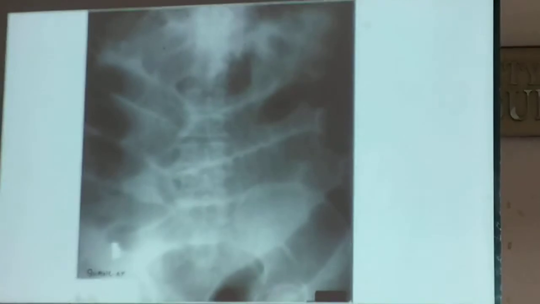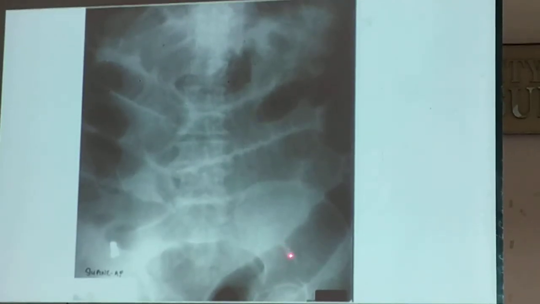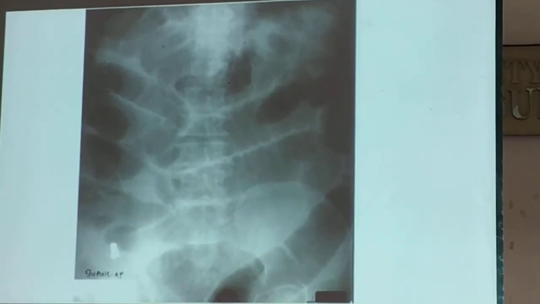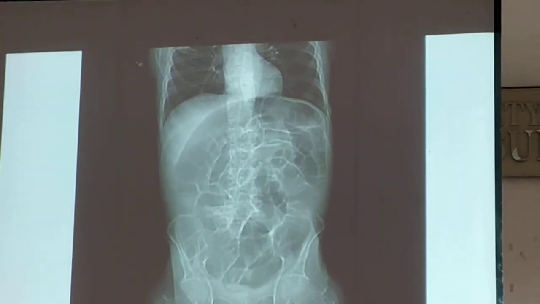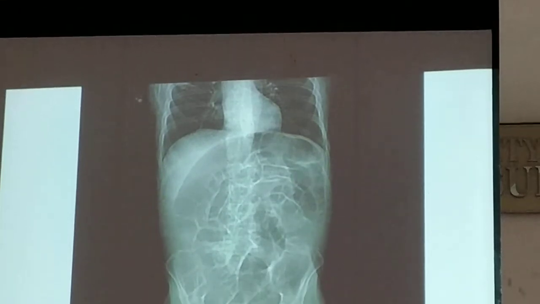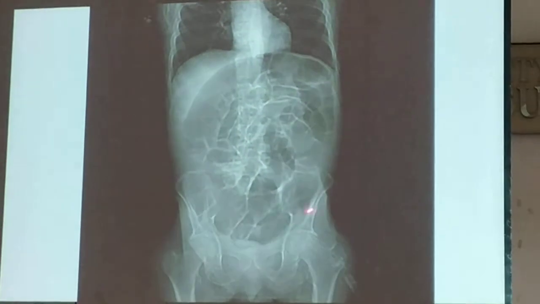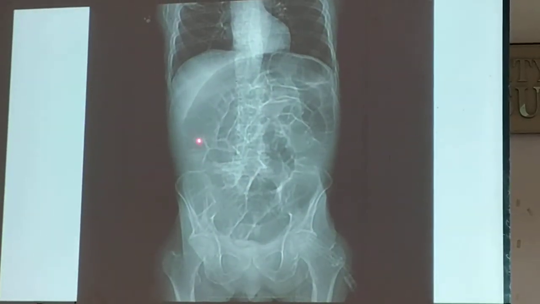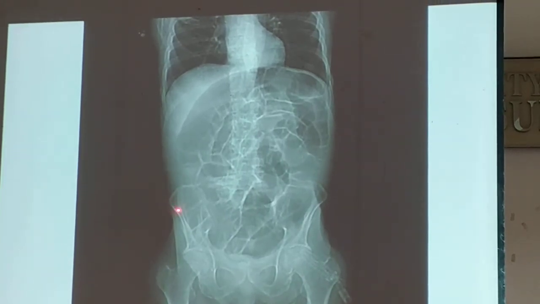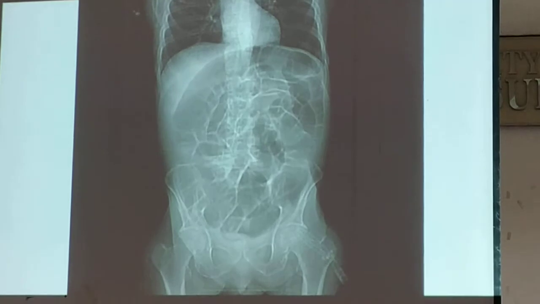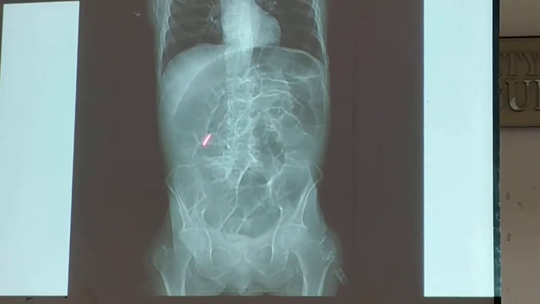Very faint. Pero still, you would appreciate that one. There you are. This one is more of a generalized ileus. So the abdomen is almost filled with gas-filled distended bowel. Okay?